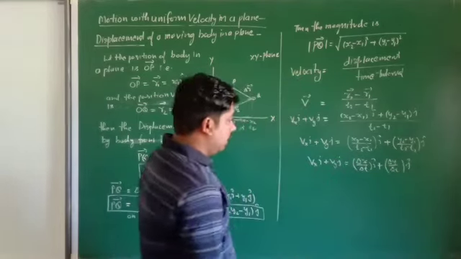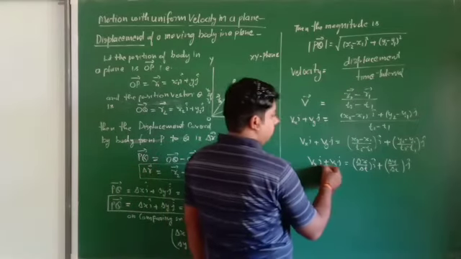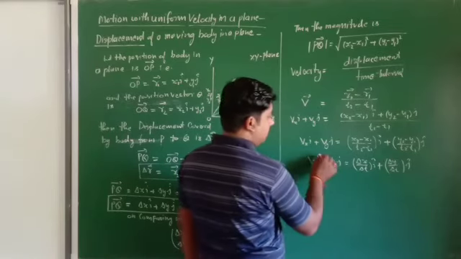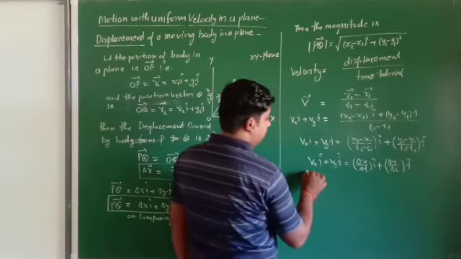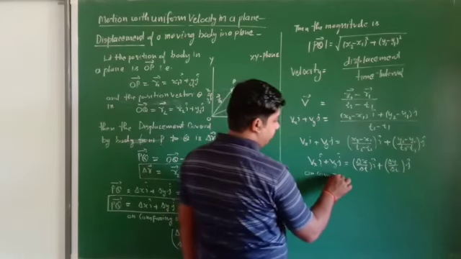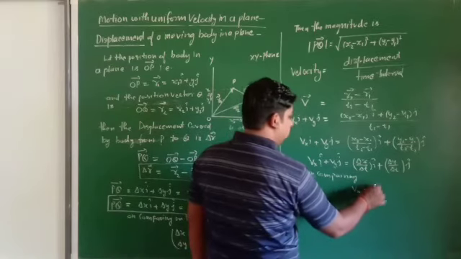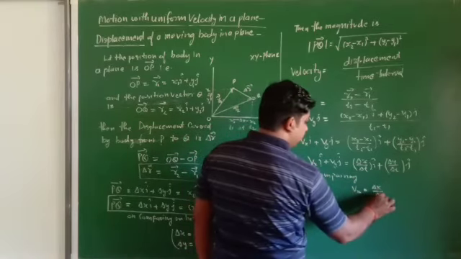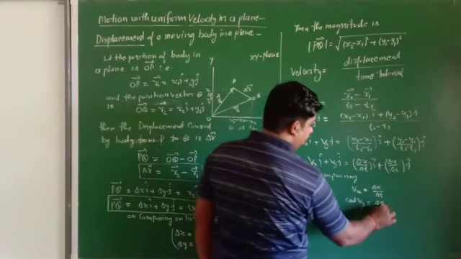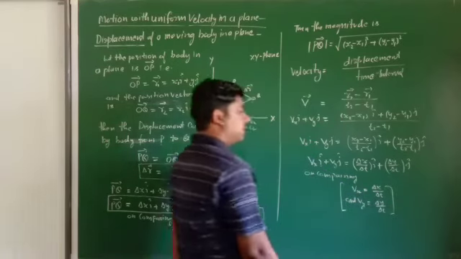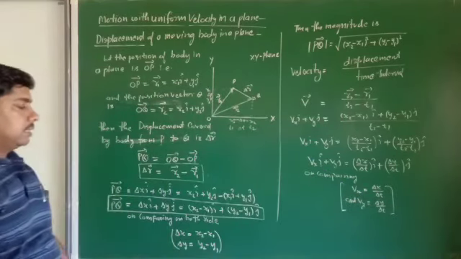So on comparing the coefficients of the unit vectors, vx is equal to delta x upon delta t and vy is equal to delta y upon delta t. So this is the velocity along the x-axis and along the y-axis.